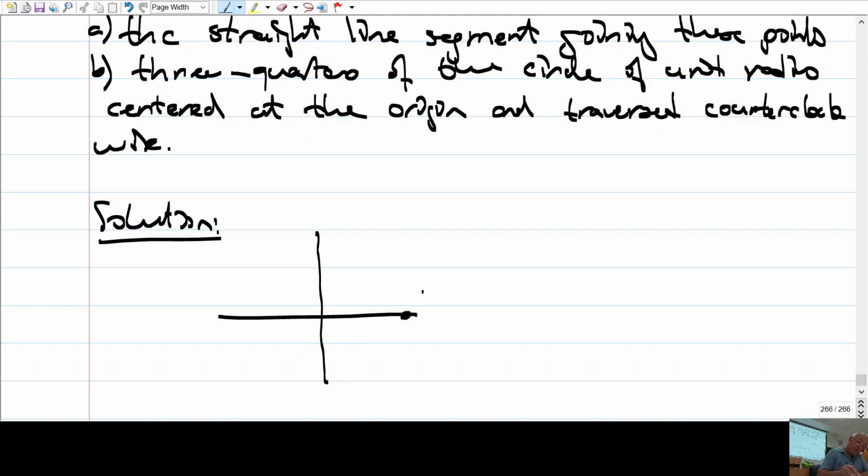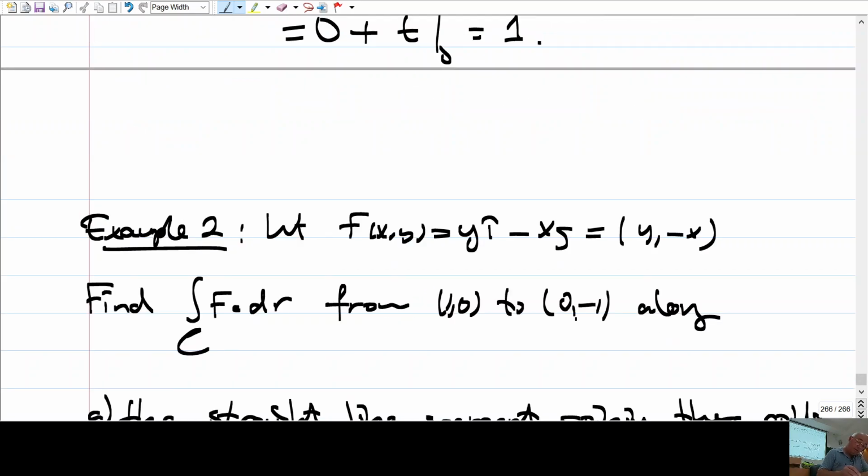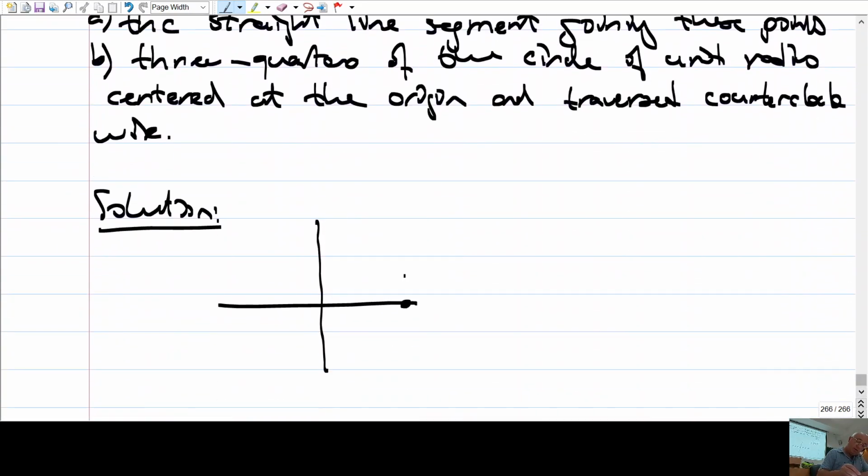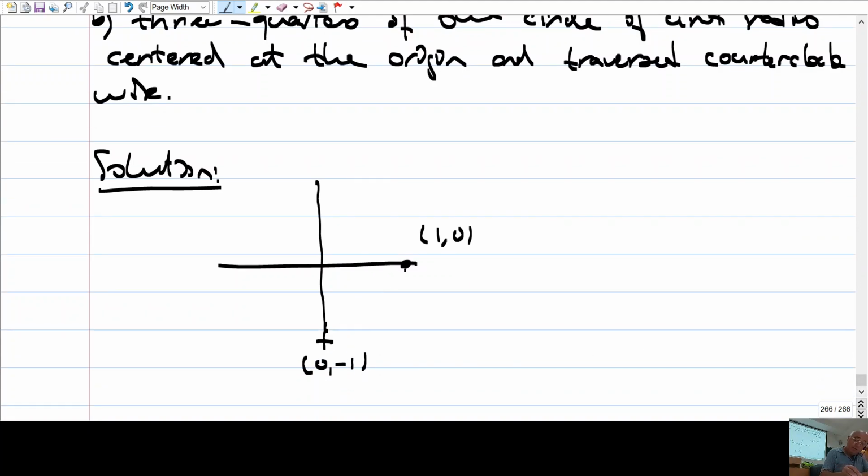Okay, now from this point 1, 0 to 0, minus 1. One of them is the line segment joining these two, so it is this curve.